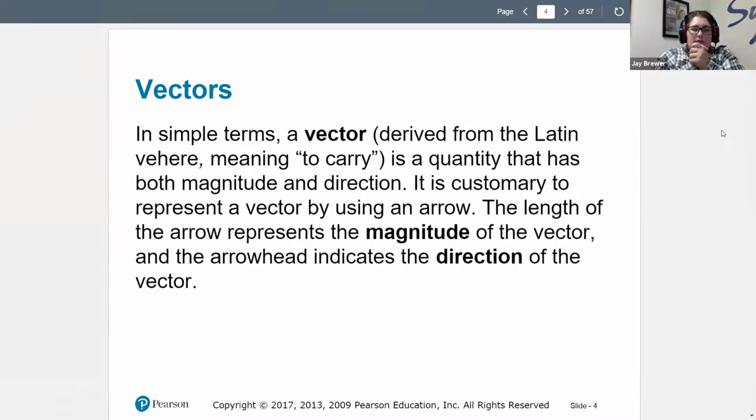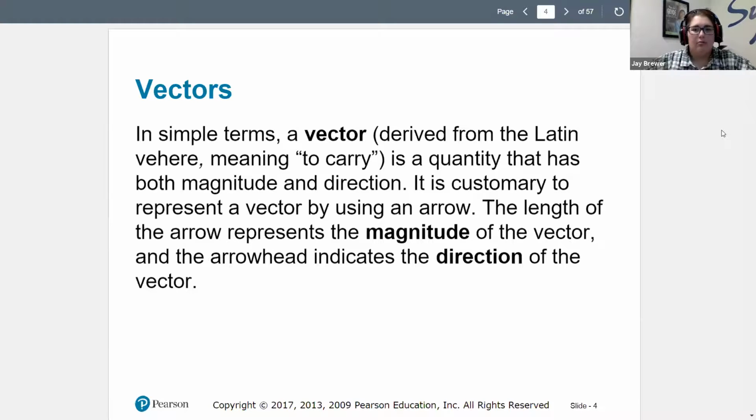So vectors, has anyone heard of them before? If you've taken physics or trig in high school, you definitely should have heard about vectors. In simple terms, a vector, derived from Latin meaning to carry, and that makes a lot of sense because it has to have both magnitude and direction. So typically when we shorthand a vector, it's the symbol that's basically like an arrowhead, but with only half the arrow.